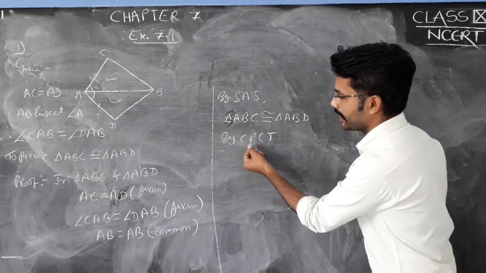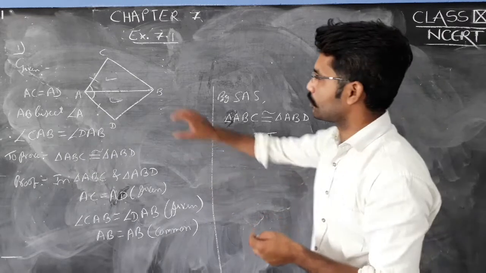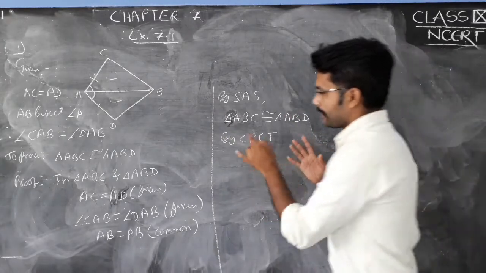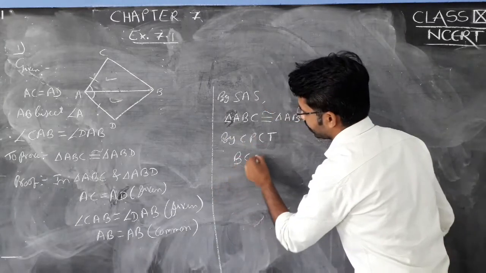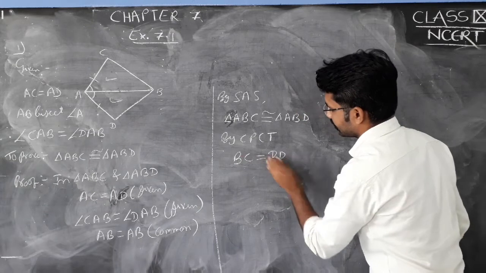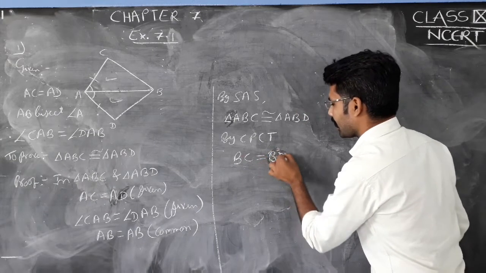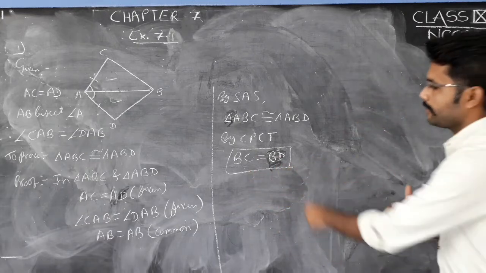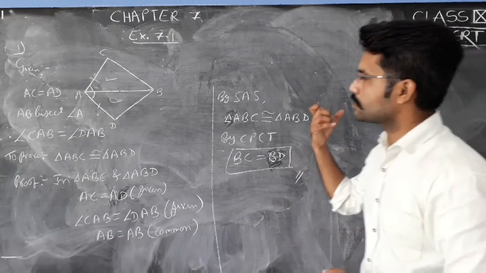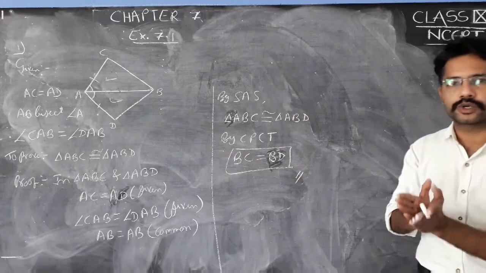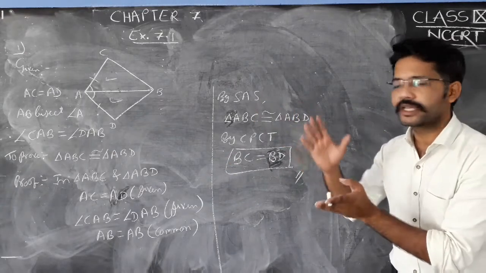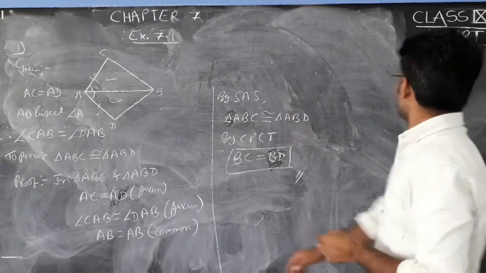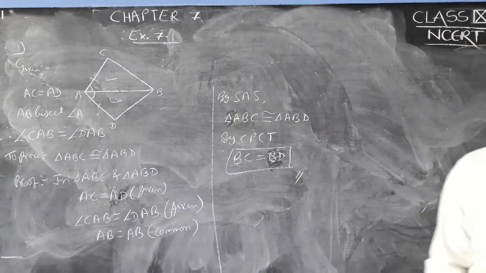CPCT means corresponding parts of congruent triangles. The two triangles are congruent, so their corresponding parts will also be equal. So by CPCT we can write BC equals BD. So BC and BD would be equal. Okay, if we have shown any two triangles congruent, then by CPCT their remaining things will also be equal. Is it clear? Okay. Let us move to question number two.